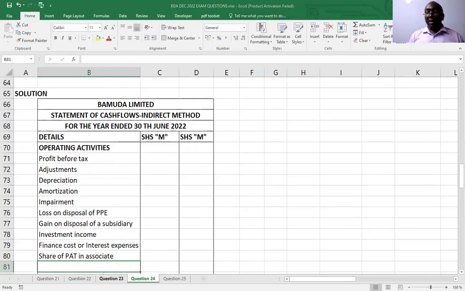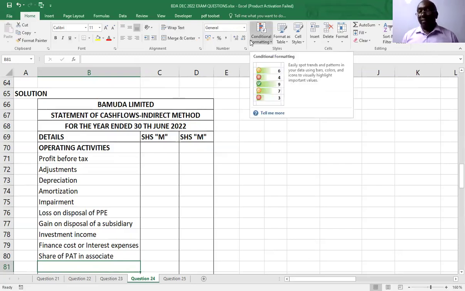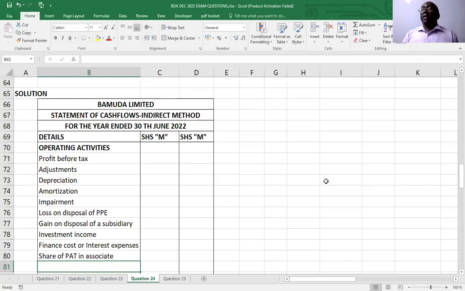Then those are the main things that we have in the operating activities. Remember, the operating activities of a company define the core business of that company. And there are usually four of them. There is the cost that is incurred so that you get the product or the services that you sell. Then for you to sell, you must do the administration; for you to produce, there must be administration.